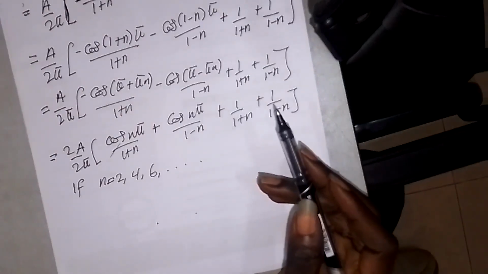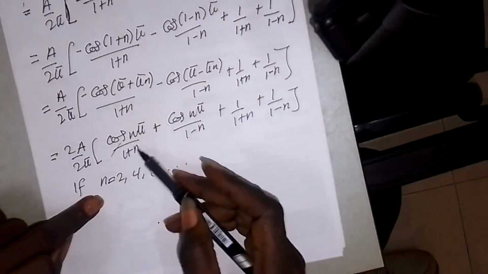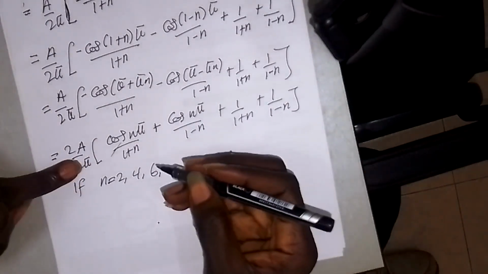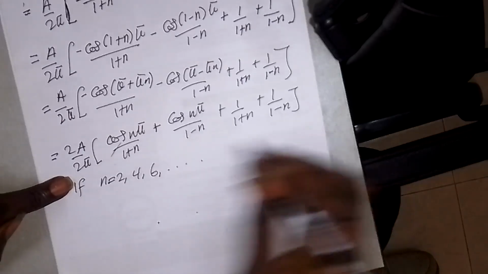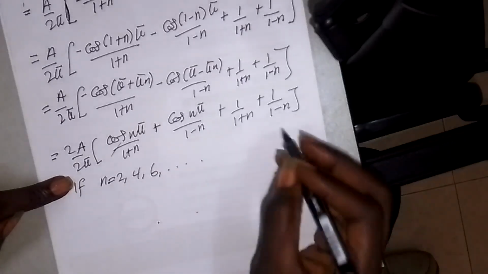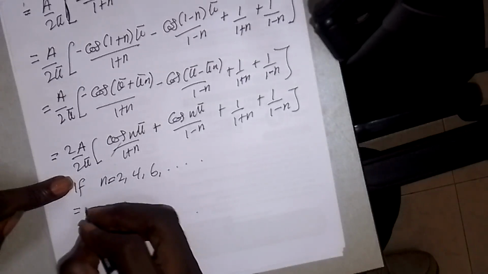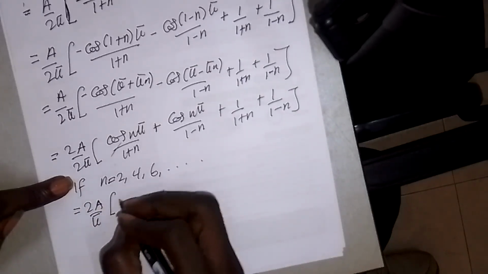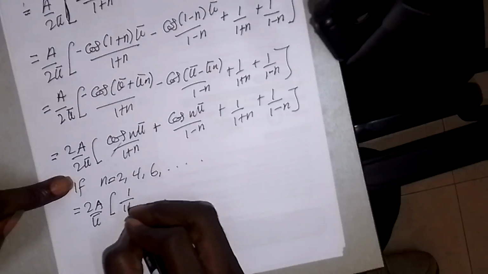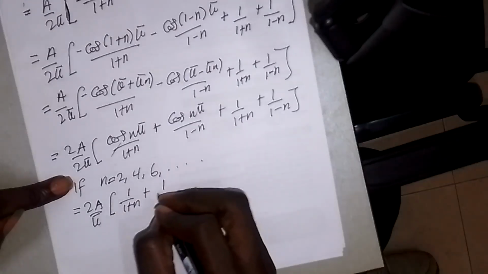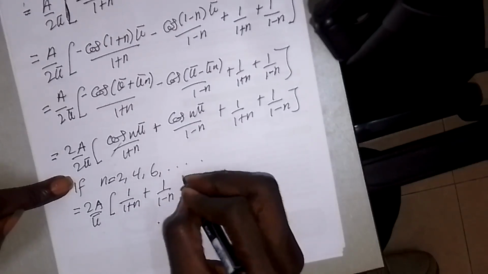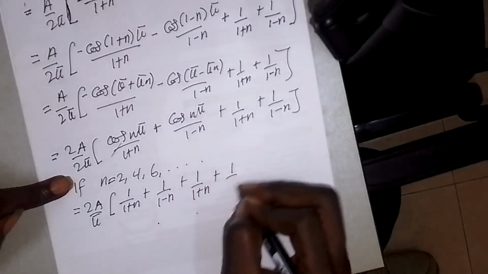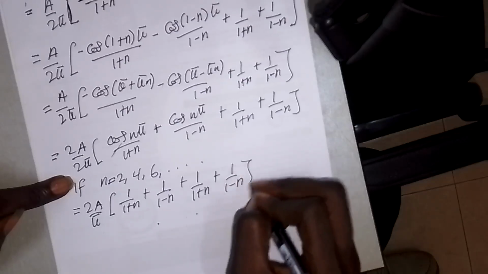So if you put cos 4 pi here, you have 1 over 1 plus n, cos 4 pi, 1 over 1 minus n, then you can just add them. So if I put in even numbers here, I'm going to get 2a over pi into 1 over 1 plus n plus 1 over 1 minus n plus 1 over 1 plus n plus 1 over 1 minus n.